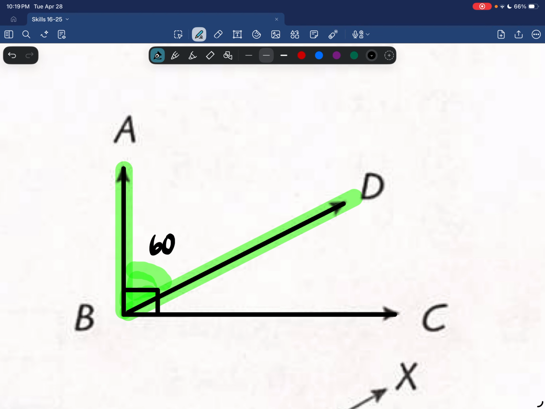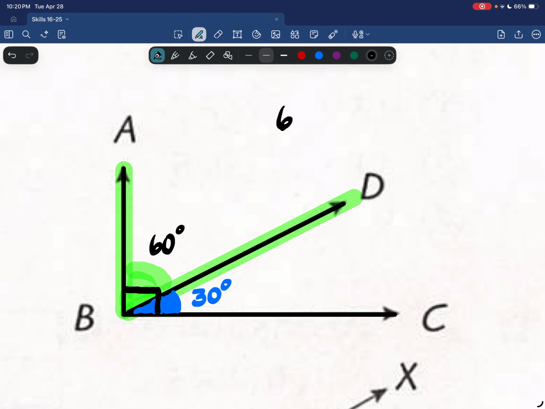I'm just making this up. Okay, now let's look at this angle. DBC, that's this angle right in here, is 30 degrees, because 60 plus 30 equals the 90 degrees that I started with.